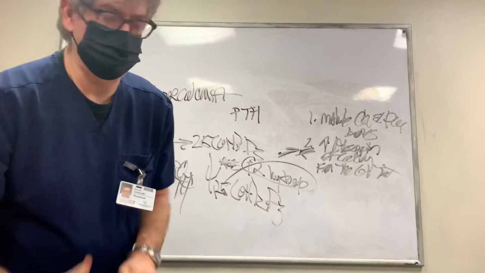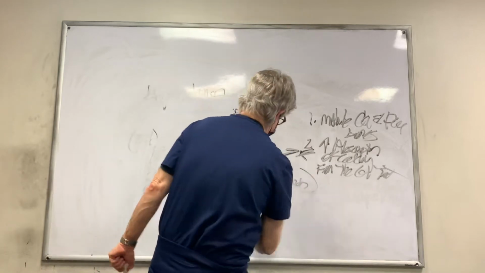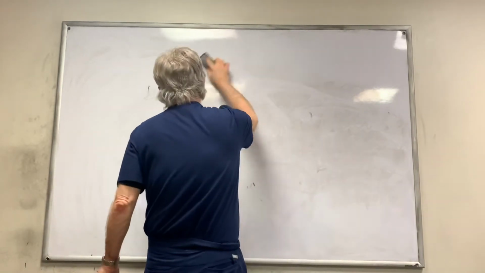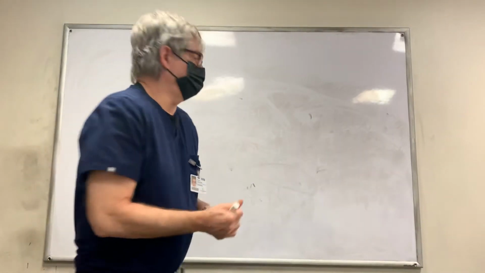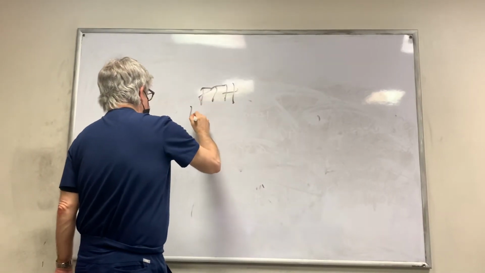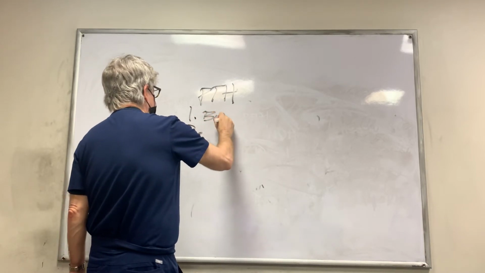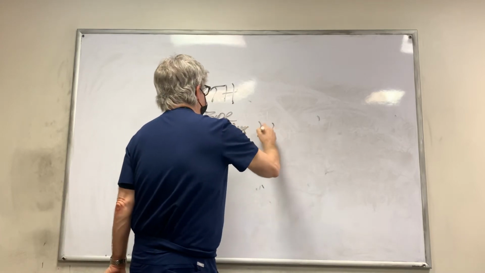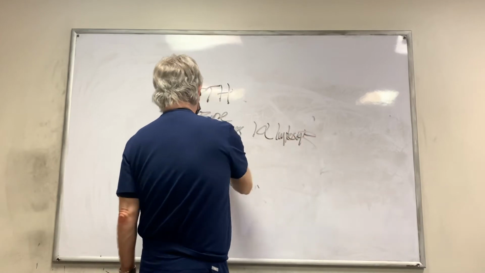Now let's talk about parathormone, which is released from the parathyroid gland. Parathormone does three things: bone, it stimulates 1-alpha hydroxylase, and renal.